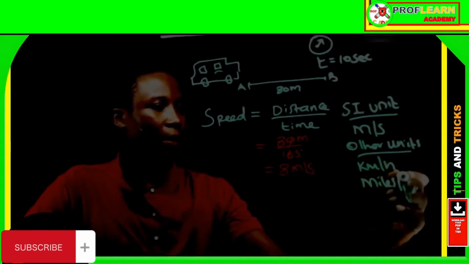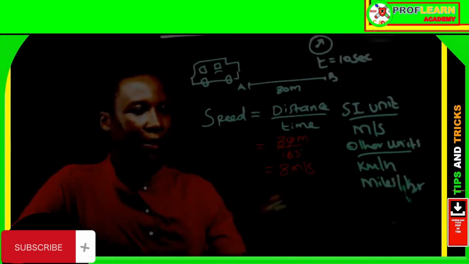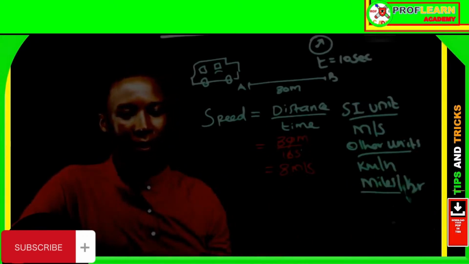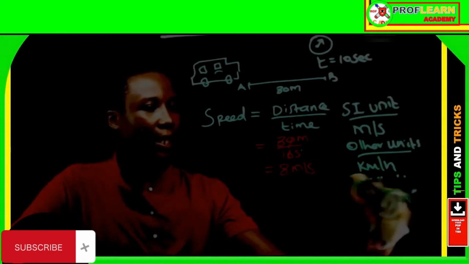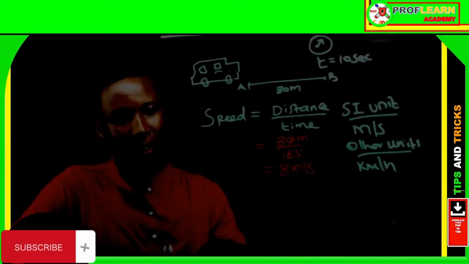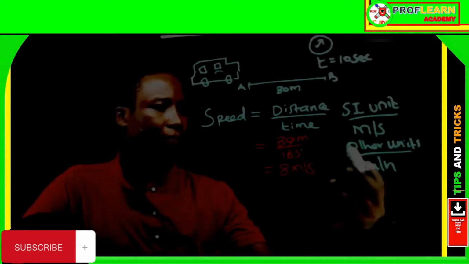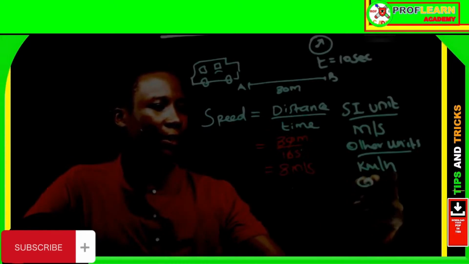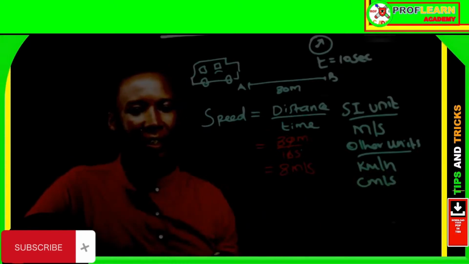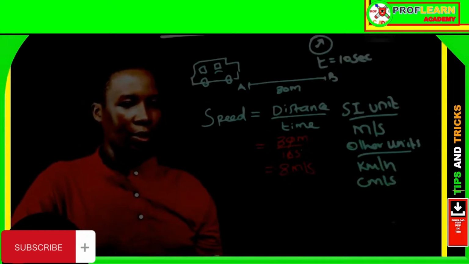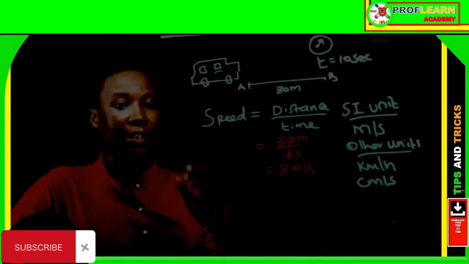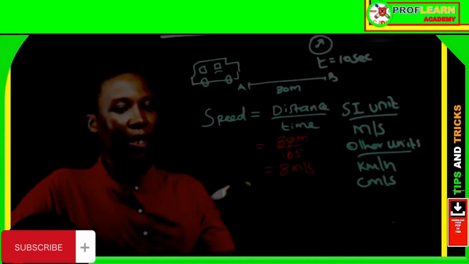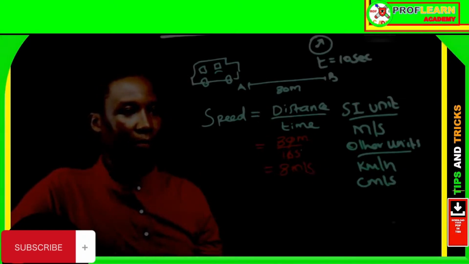This is usually used by vehicles. Sometimes you can check in the speedometer, it indicates speed in miles. We can also talk of speed given in centimeter per second and so on. So this is basically all about speed in the IGCSE syllabus. So you need to understand how to work this out.